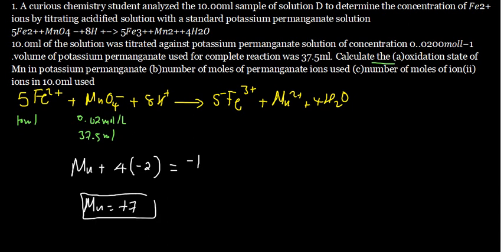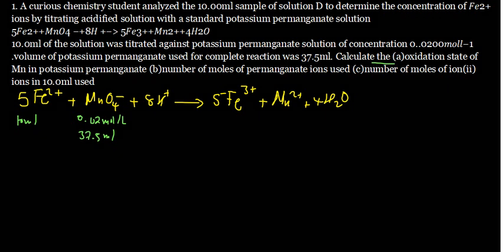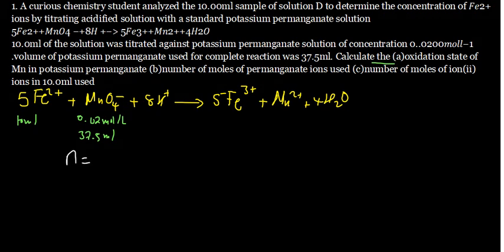And then for B, the number of moles of permanganate ions used. We can see already number of moles is concentration times volume. So the concentration given, 0.02 mole per liter, times the volume given, 37.5 milliliters, but the milliliter can't cancel with the liter. That's why we need to convert this to liters by just multiplying by 10 to the power -3.